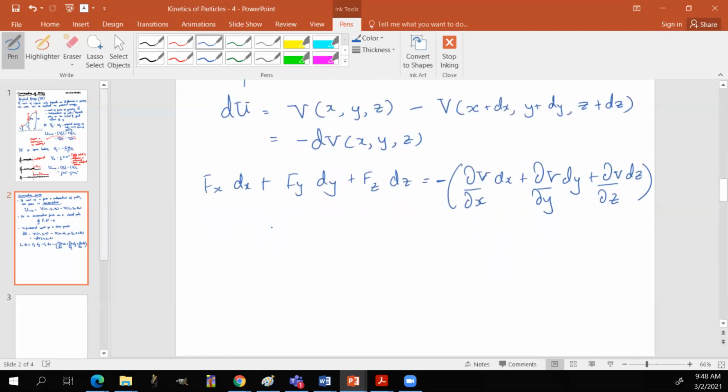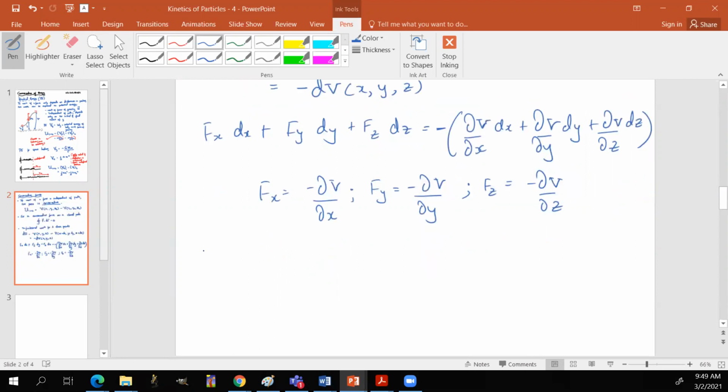So what that means is that Fx is equal to minus dou V over dou x. So basically what that says is that your force in the x direction is equal to the partial differential of the potential energy with respect to that direction, right? Dou x. Similarly for Fy, you see that that's equal to minus dou V over dou y, and Fz is equal to minus dou V over dou z, like that.